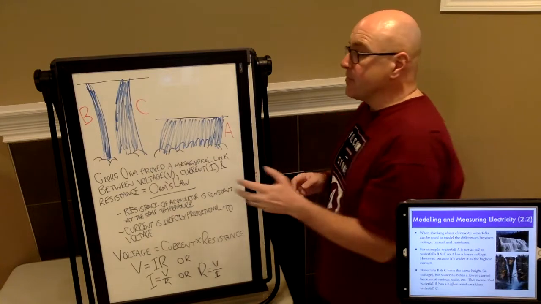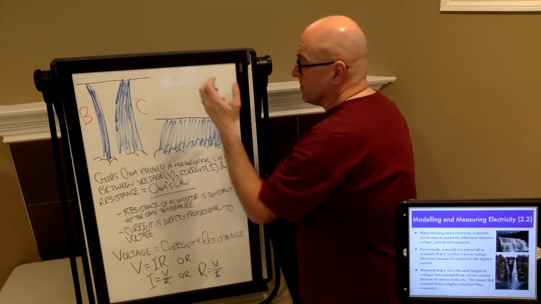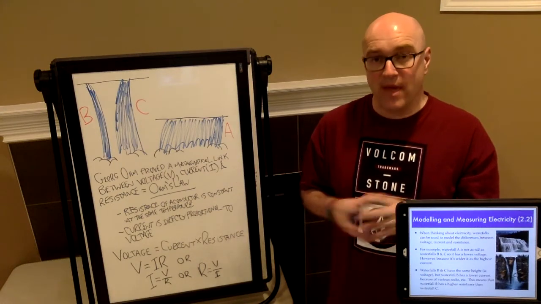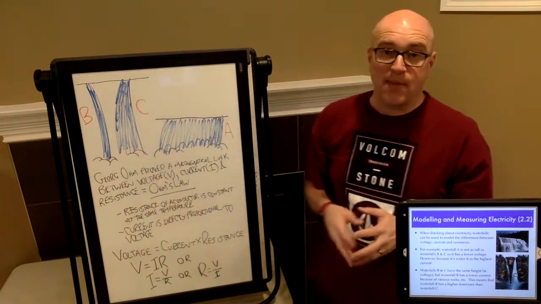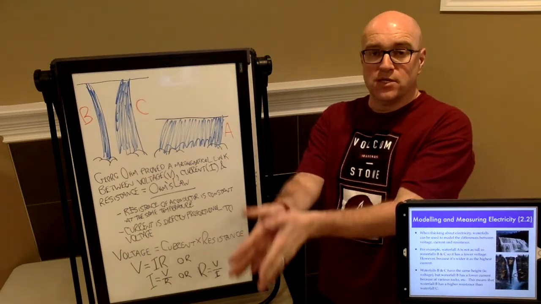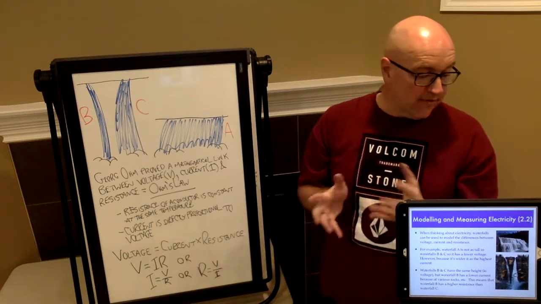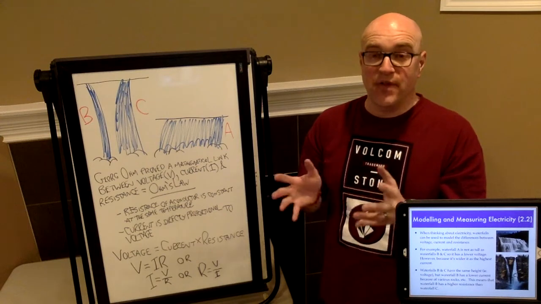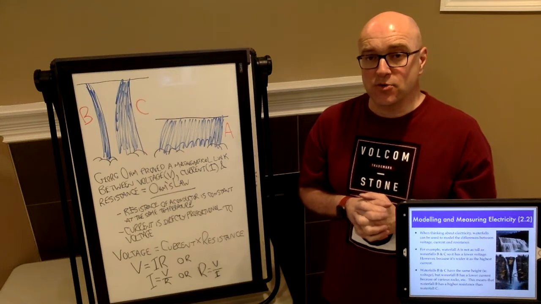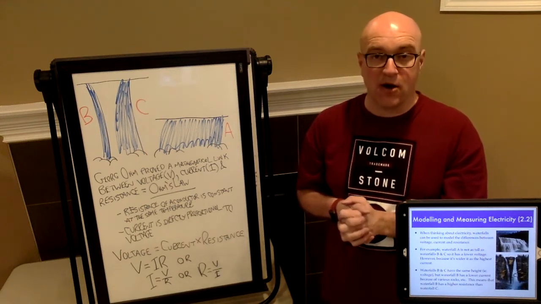Well, what's the difference between A and then B and C? B and C are the same height. They have a much further distance for the water to fall down. They have a much larger potential for the water to fall a greater distance because they are higher.